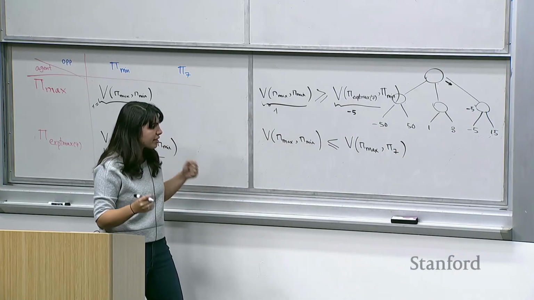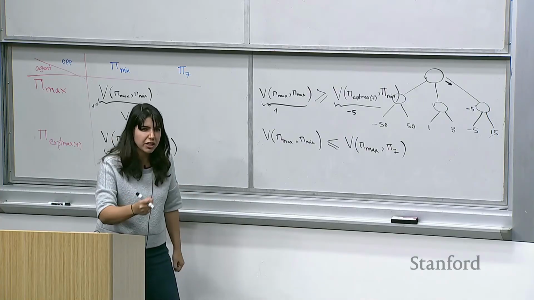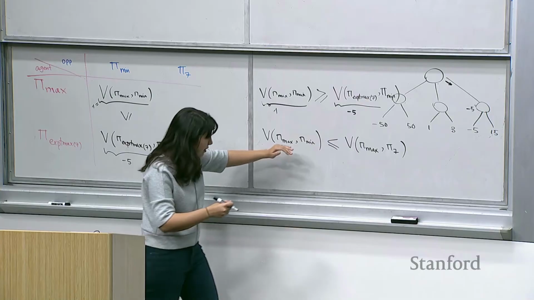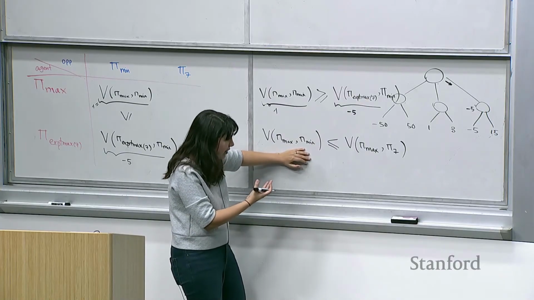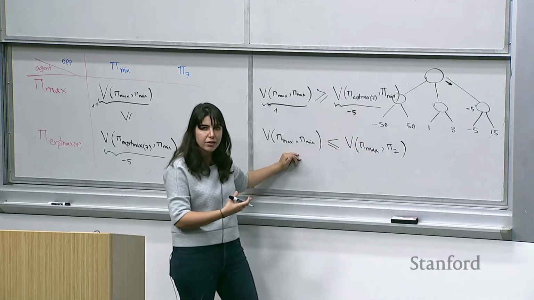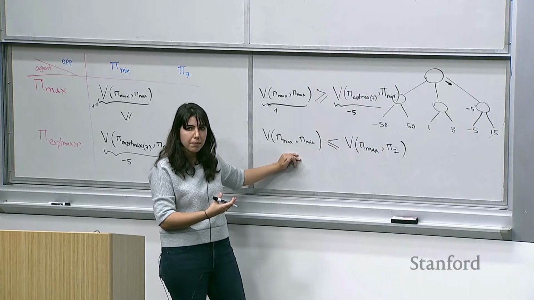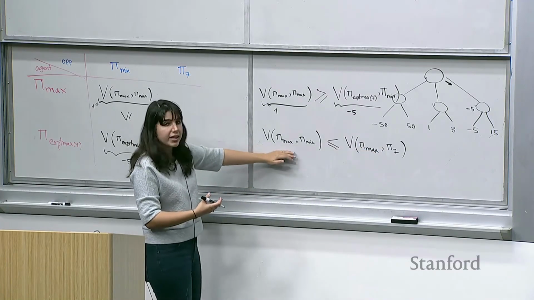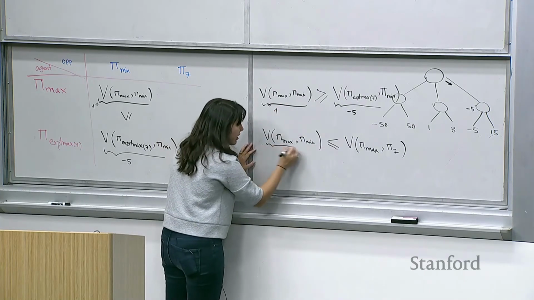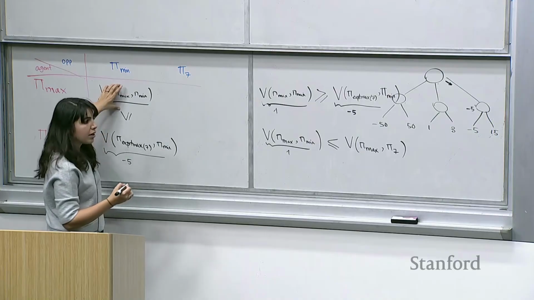So what this says is if you're trying to maximize, assuming your opponent is always minimizing, then you'll come up with a lower bound, and if your opponent ends up doing something else, you can always just do better than this lower bound. Okay? So what is this V equal to? Well, we just showed that is 1, right? That is this value.